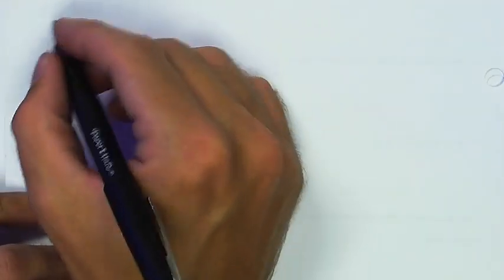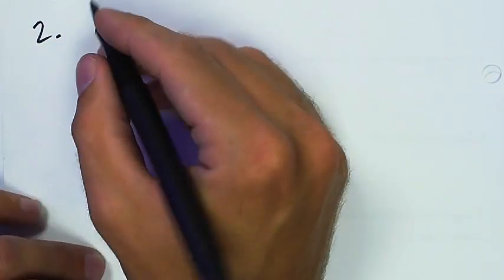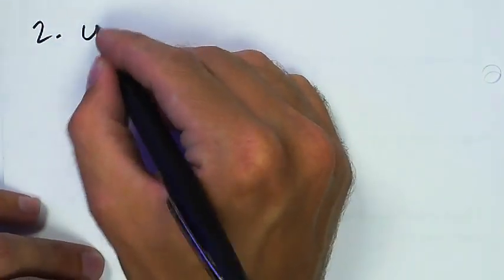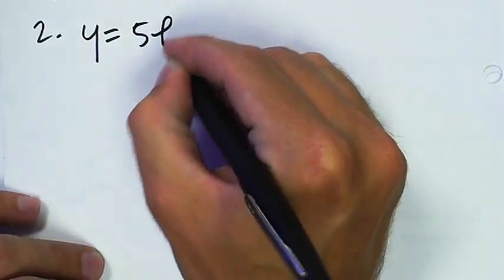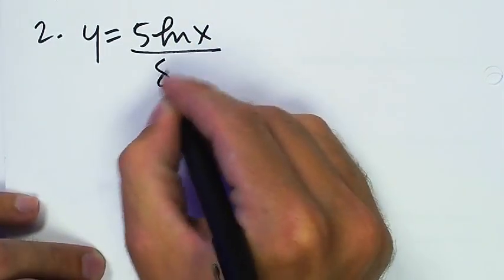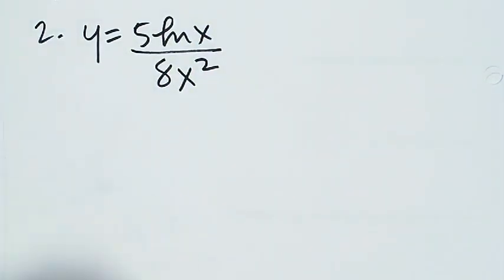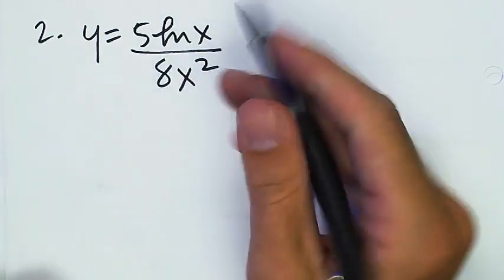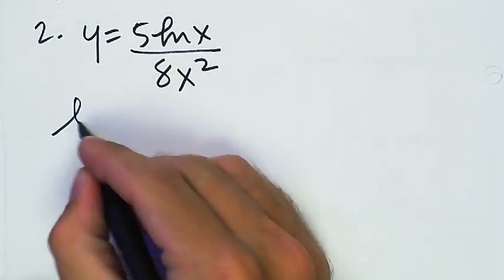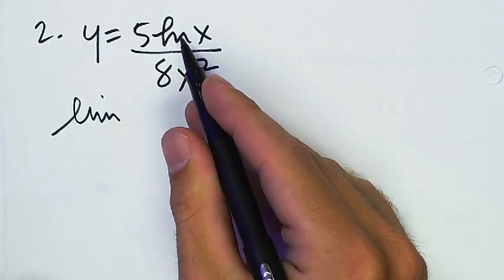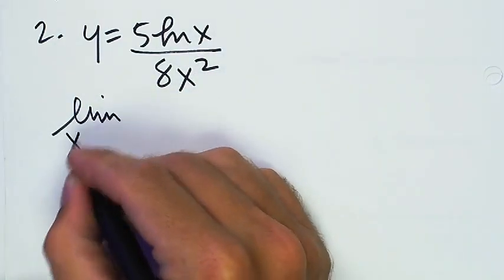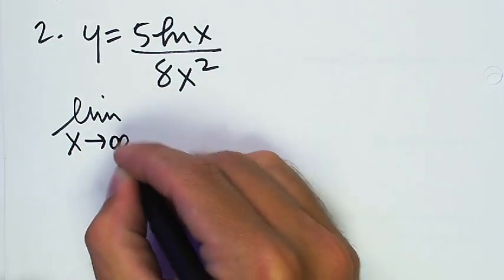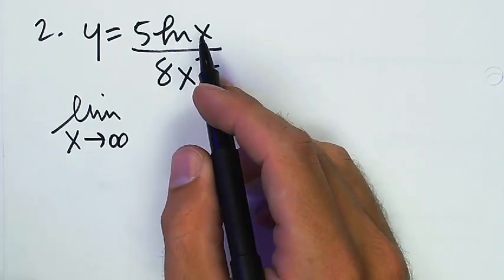Number 2, I've got y equals 5 log x over 8x squared. Okay, we're going to need to consider the limit as x goes to infinity. It says a natural log, so it's not going to make sense for me to consider the limit as x approaches negative infinity because that's outside of the domain of natural log, right?